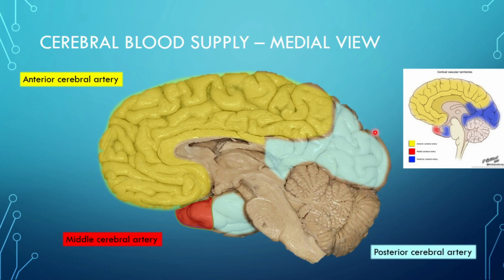So again, all that medial aspect of the occipital lobe, a little bit of parietal lobe, and the rest of the temporal lobe. So those are the territories of the 3 cerebral arteries. And it's important that we know this.